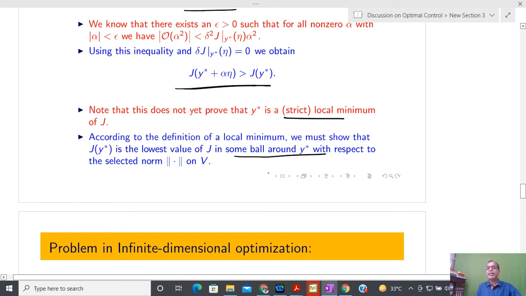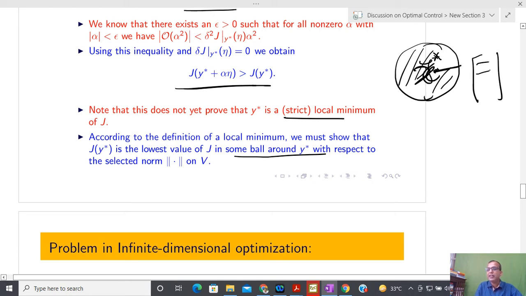In the finite dimensional case, I have x star. In the neighborhood of x star, I can create some kind of unit ball, and since the space I have considered contains column vectors, it is closed and bounded.